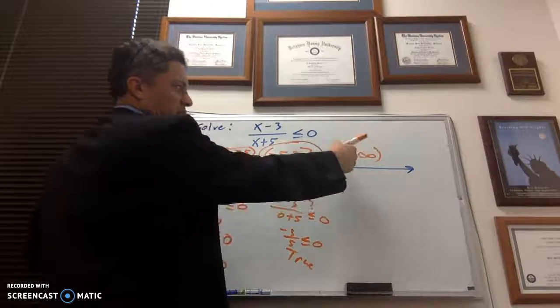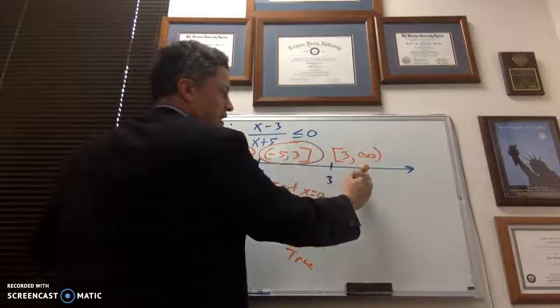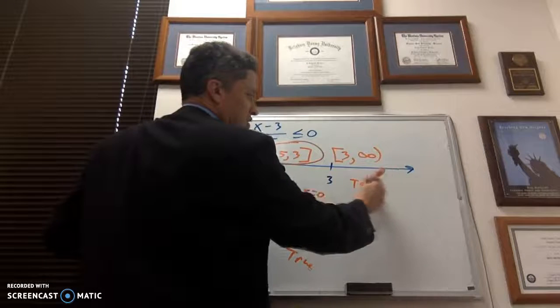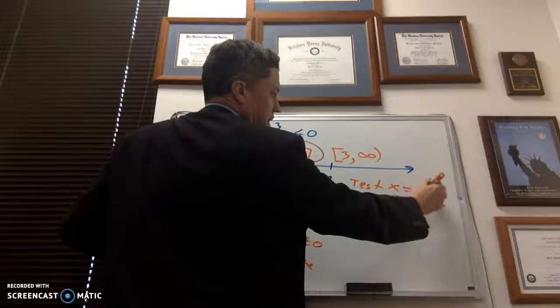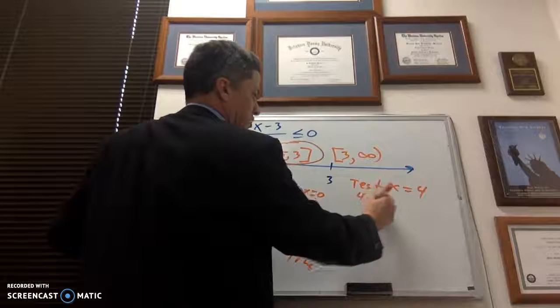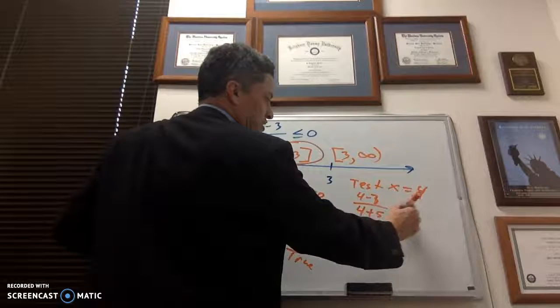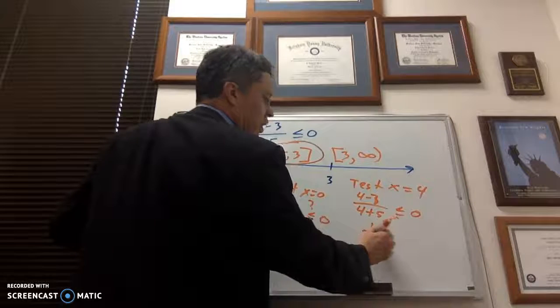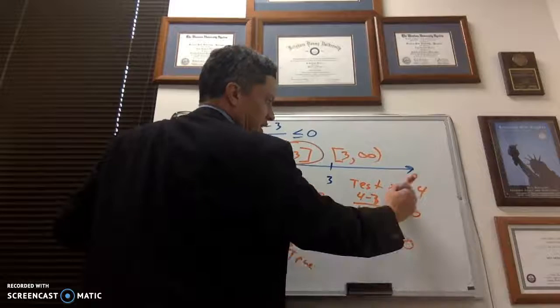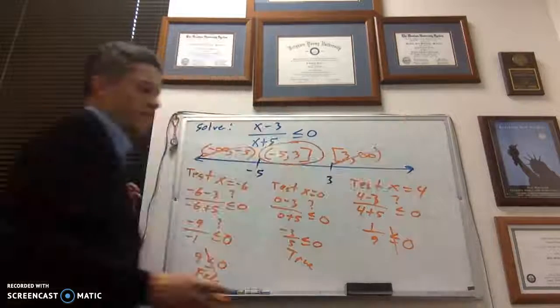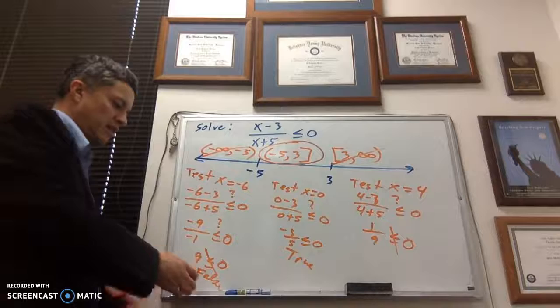Let's test x equals 4, within the interval between 3 and infinity. 4 minus 3 over 4 plus 5, trying to be less than or equal to 0. That's 1/9, and 1/9 is not less than or equal to 0, so that's false. So the shortcut would have worked on this.